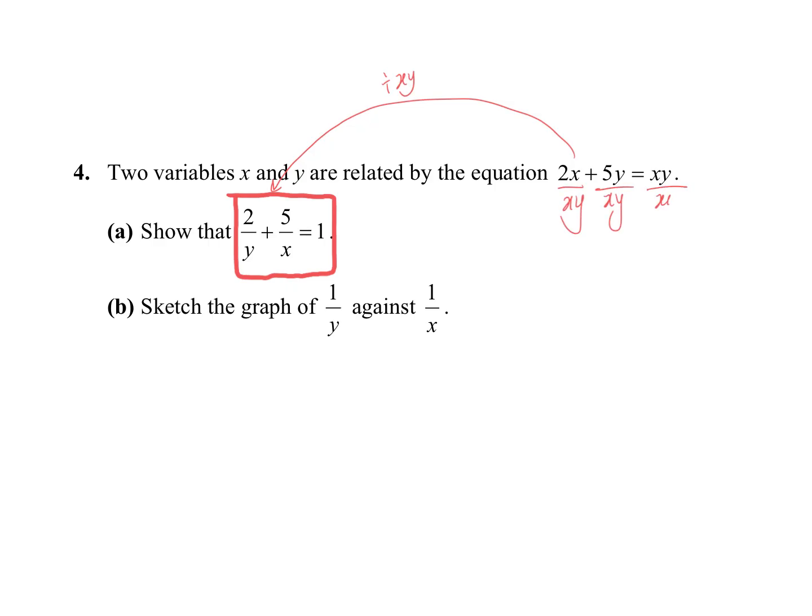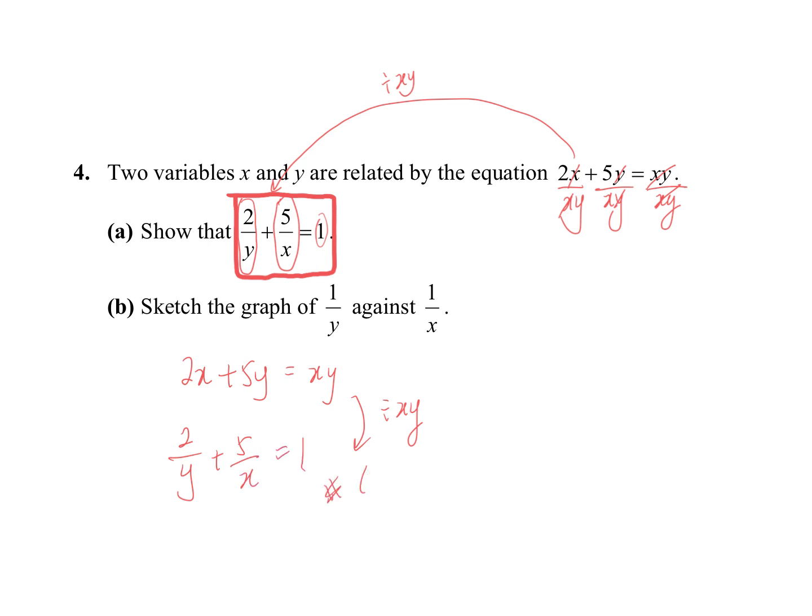So the x cancels out, so I get this. The y cancels out, so I get this. The x and y cancel out, so I get this. So for part A, how you show it is that you copy this expression and then you write divide by xy. Then you can get this shown.